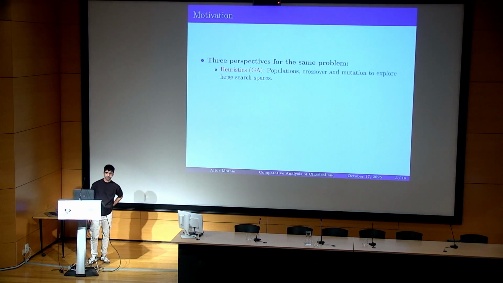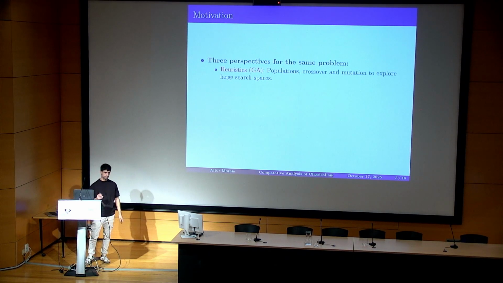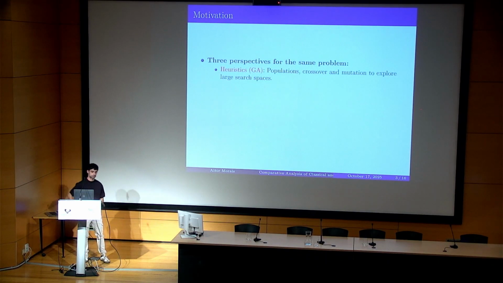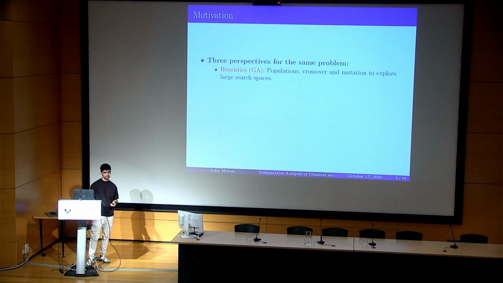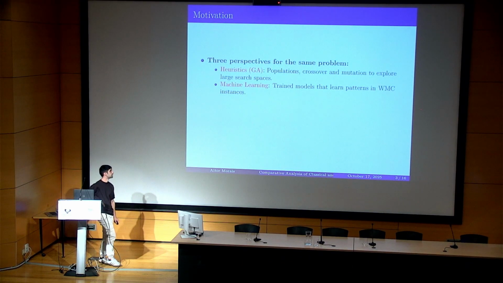The motivation behind this study was to analyze three different perspectives to face the same problem. The first perspective was heuristics. With population, crossover and mutation, it explores the large solution space. The second one is machine learning.